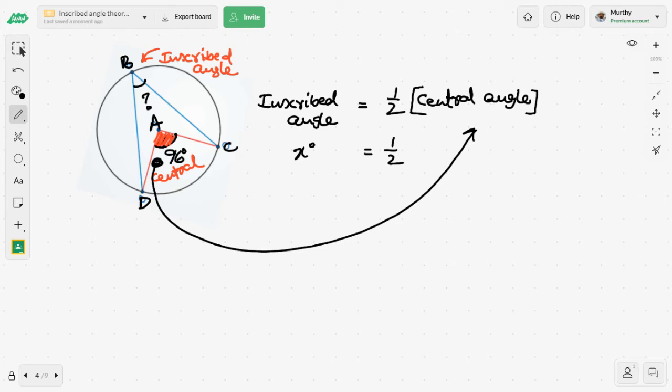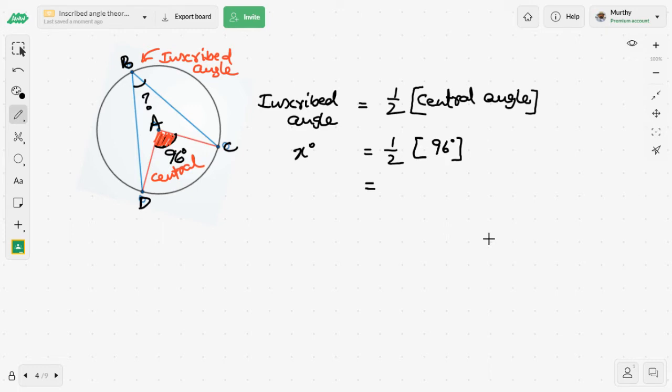You have to plug in the values exactly where they are. So half of 96, you may grab a calculator, gives you 48. So the measure of this angle is 48 degrees.